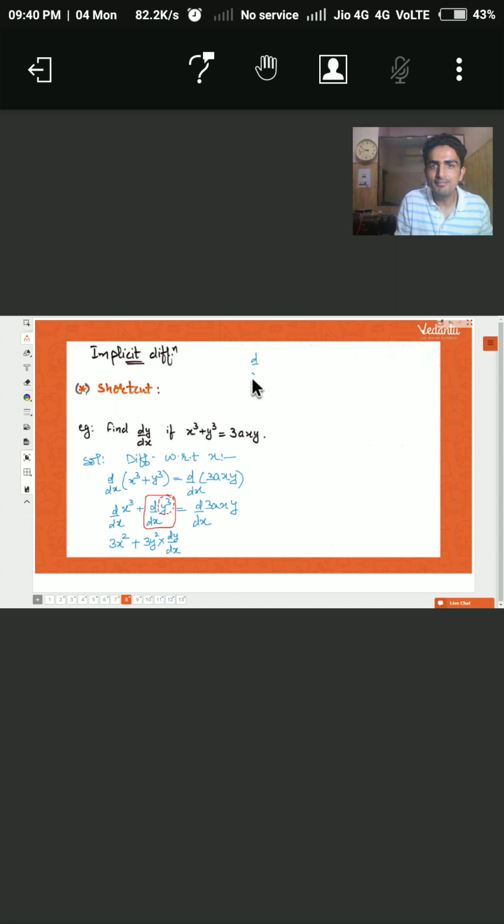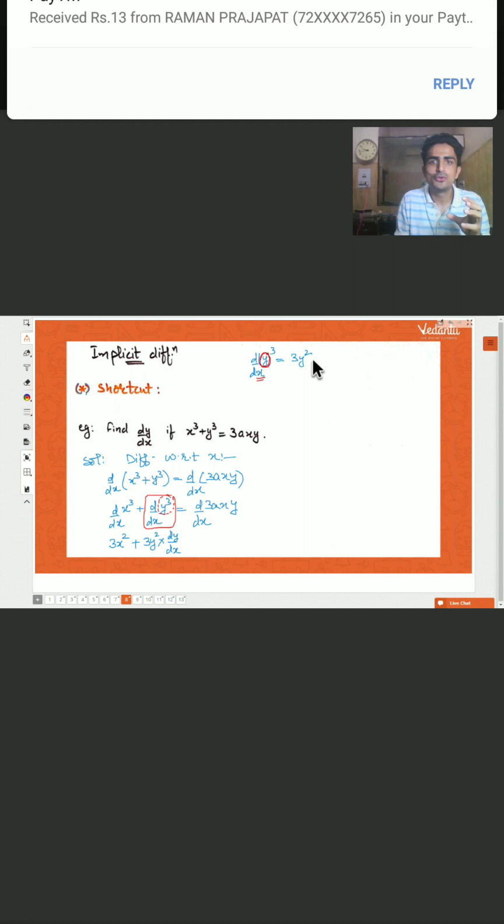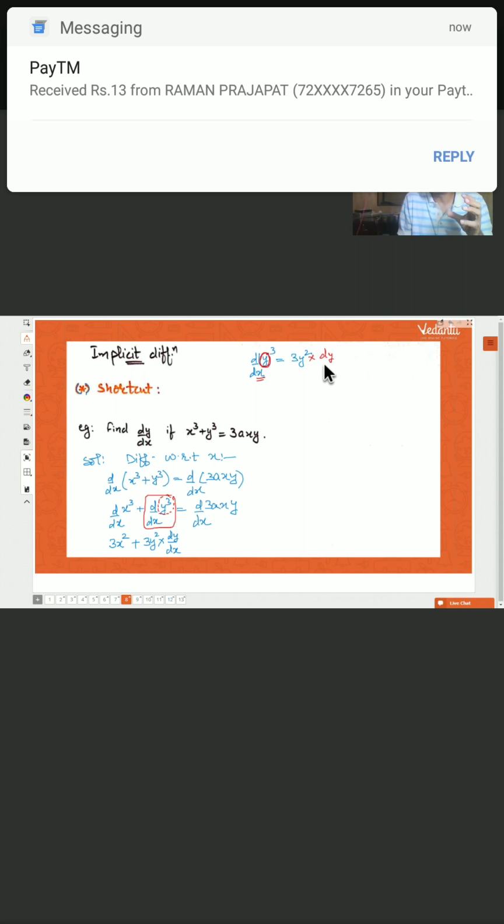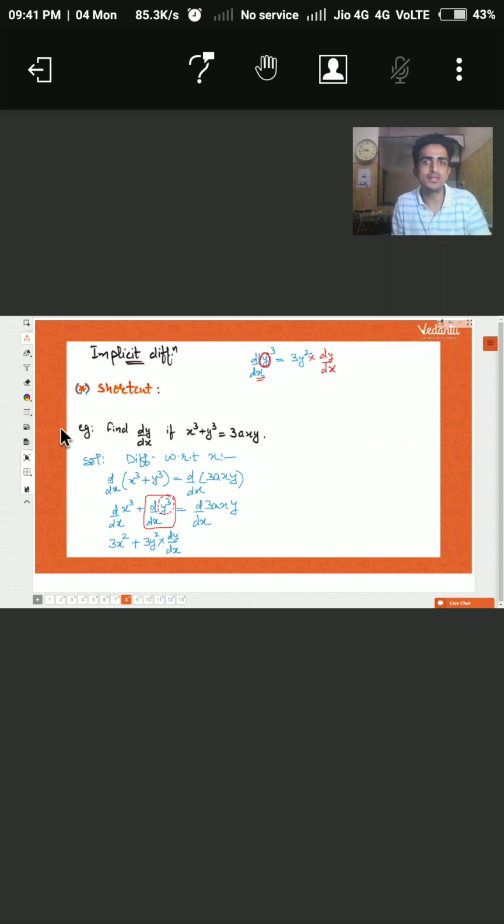So derivative of y cube with respect to x, this is crucial. It is not just 3y square, because it is not x here, it is y, it is some function. See y as some function now, because you are differentiating with respect to x. So here derivative of the inside term will also be there.